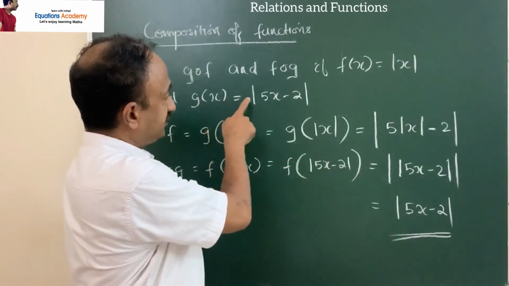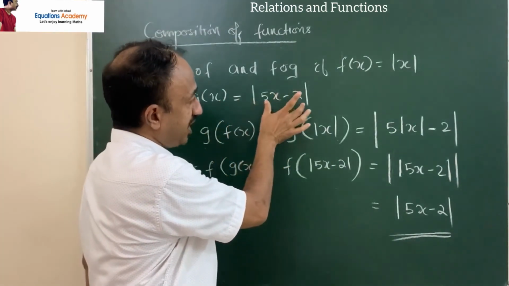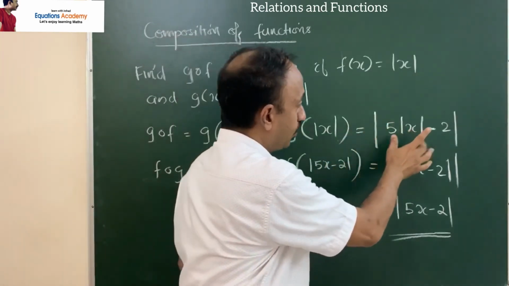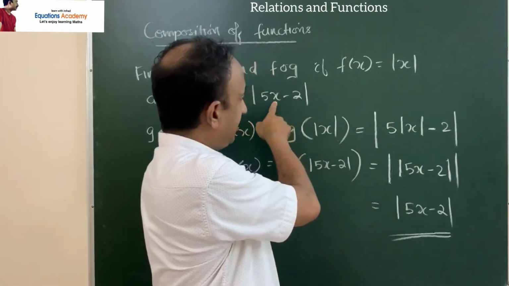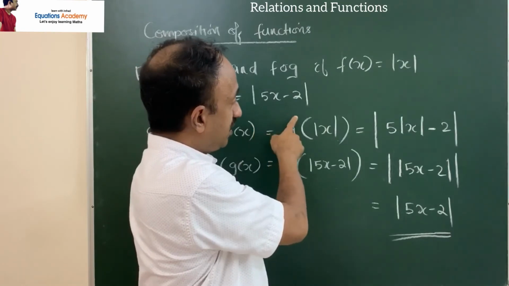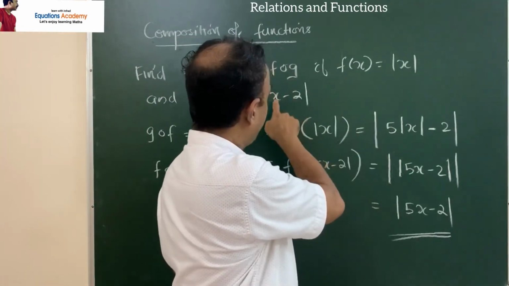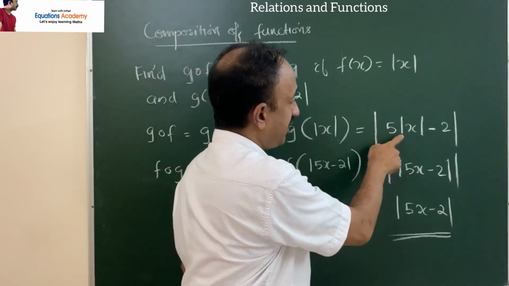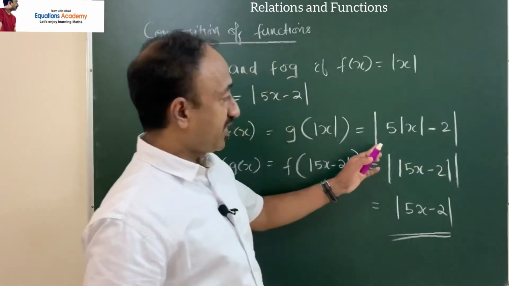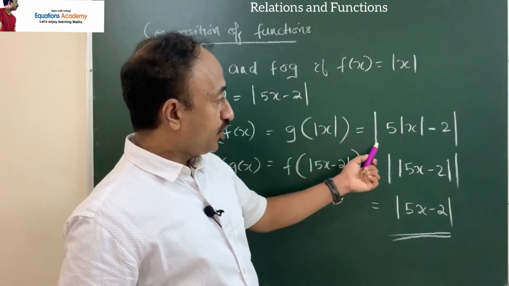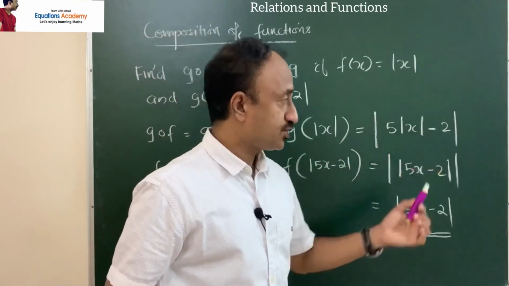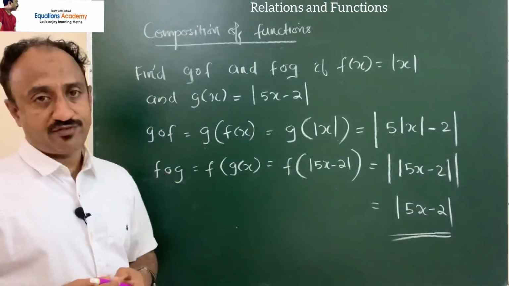What is g of x? G of x equal to mod 5x minus 2. Here instead of x we should replace x by mod x. So mod of 5 mod x minus 2. So our answer is mod of 5 mod x minus 2, that is g of f.